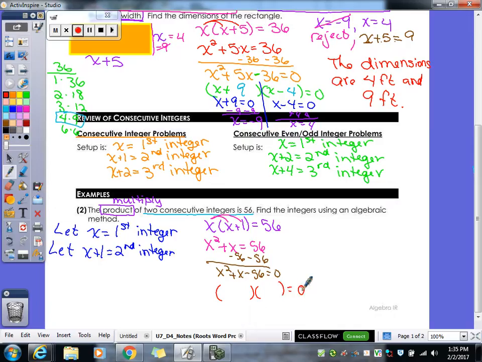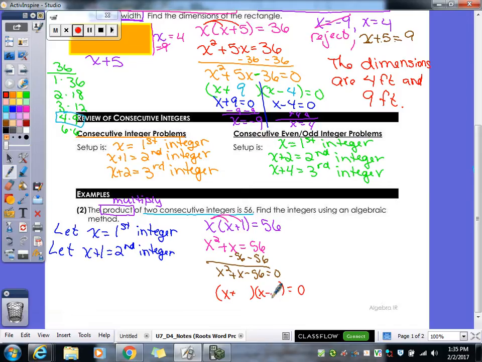So I'm going to set up my 2 sets of parentheses since we have a trinomial. Our signs, will they be the same or different? Different. And we're looking for factors of 56. What multiplies together to give us 56? We're not looking for the square root.